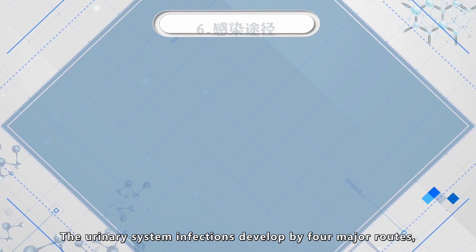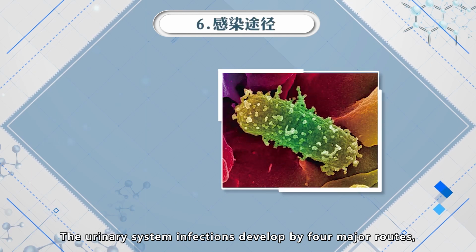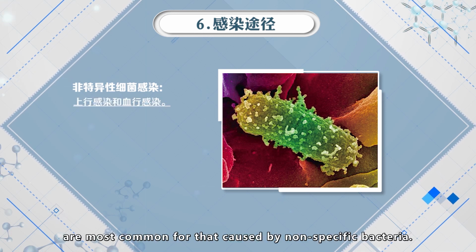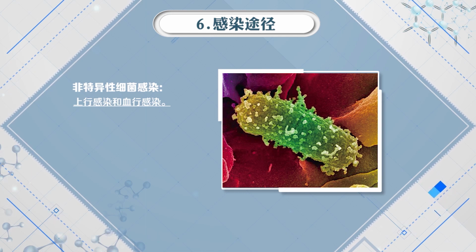The urinary system infections develop by four major routes, and ascending and hematogenous routes are most common for those caused by non-specific bacteria.